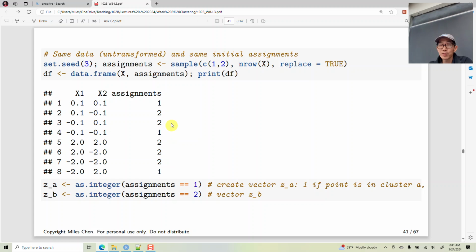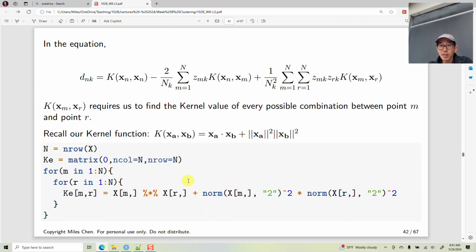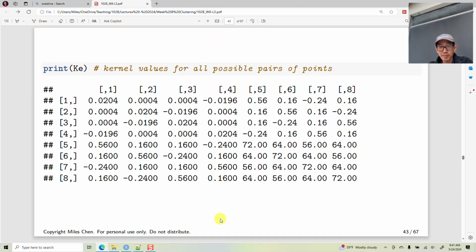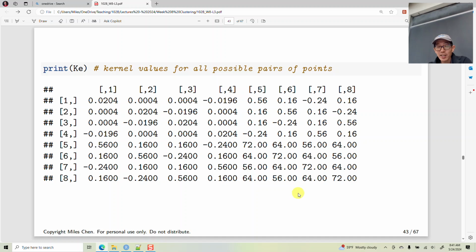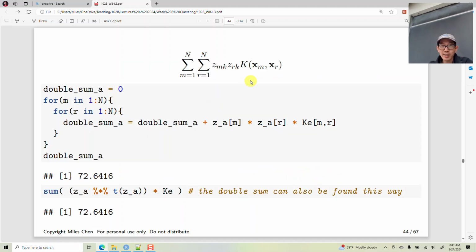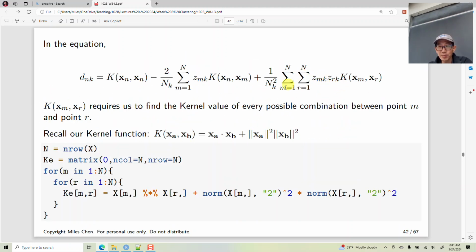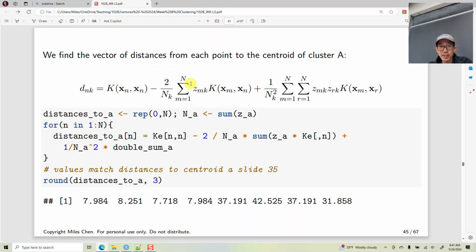So here I start off with the same random assignments, and then I have to implement this kind of ugly formula here, okay? One part involves the calculation of this giant K matrix between M and R. If we go over the double summation, I'm working through each of these terms here, the summation over that.